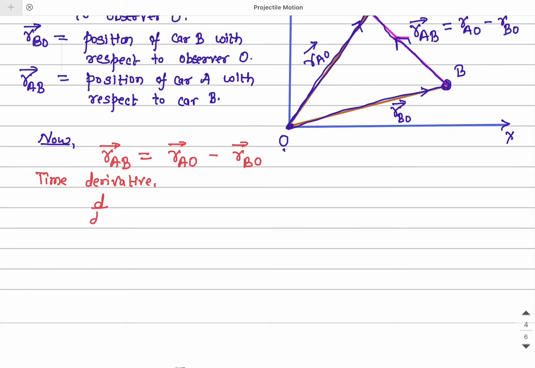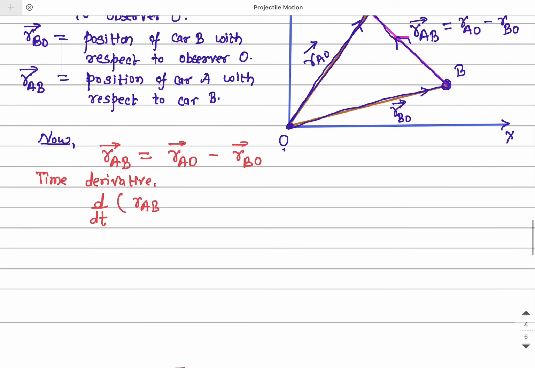The time derivative of RAB is d over dt of the RAO vector minus d over dt of the RBO vector.